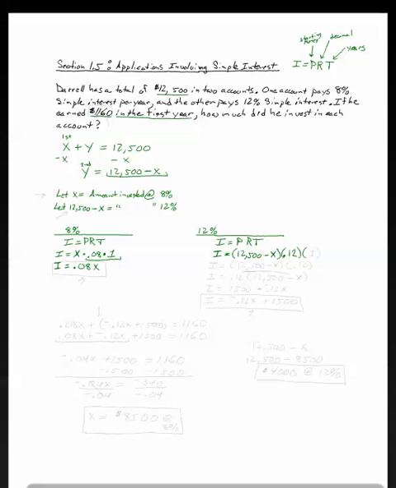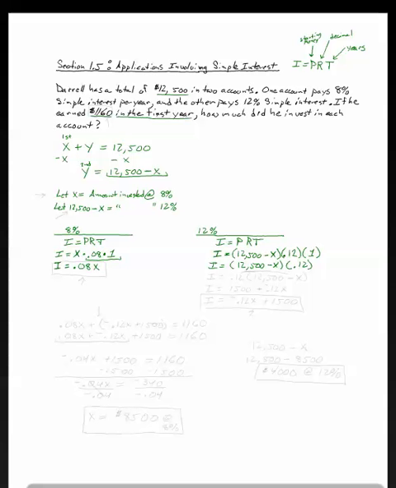Times, now the amount of years is the same, so the amount of years is just 1 year. And now we want to clean this up, so it's 12,500 minus X times, and 0.12 times 1 is just 0.12.